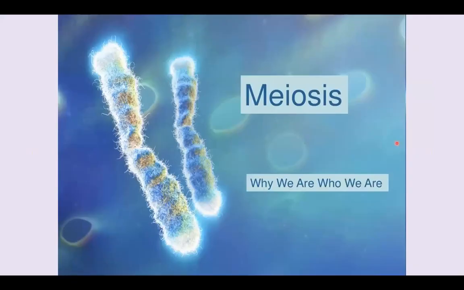Okay, so meiosis, why we are and who we are. Why do we need meiosis? Anybody can tell me? Mitosis untuk apa? Meiosis, formation of gamete. Okay, production of gamete, good. Okay, satu lagi. Kenapa? Why is it important?